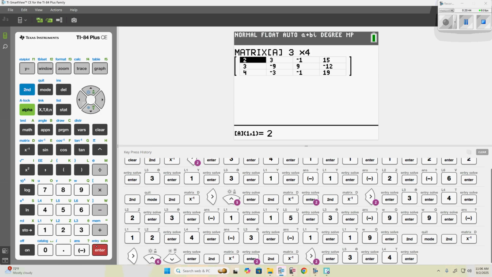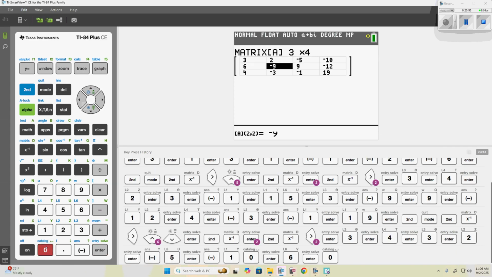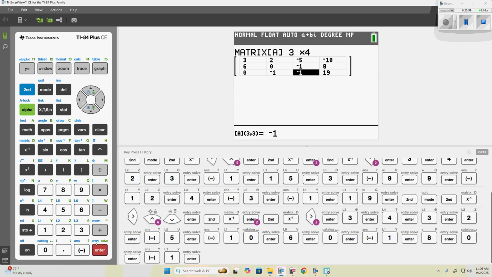Across the first row, we would have 3, 2, -5, -10, and then 6, 0, -1, 8, 0, -1, 3, -2.